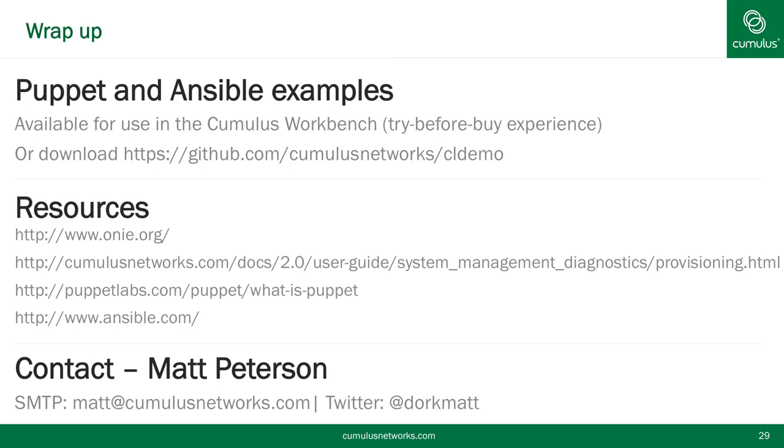So we have an example that does, say, IBGP, one that does OSPF, OSPF unnumbered, and various different deployments are available. So the customer workbench is a great platform for demonstrating and utilizing these technologies. You don't have to do this in your own environment. You can reserve time in the Cumulus workbench.